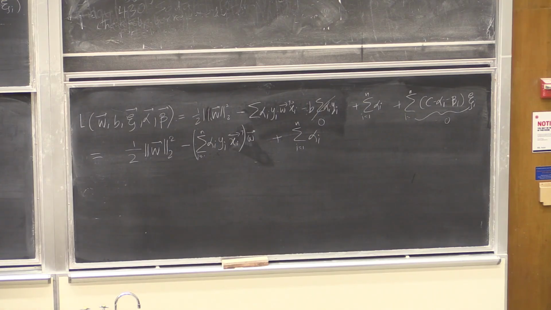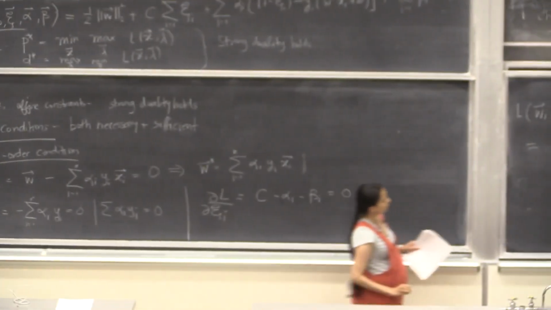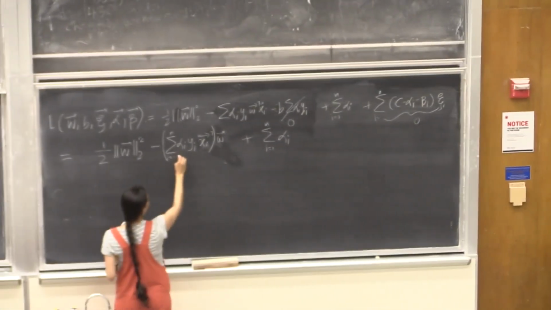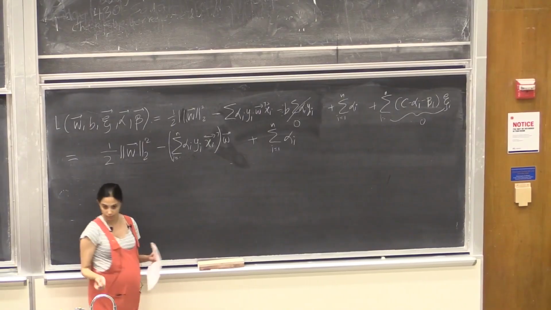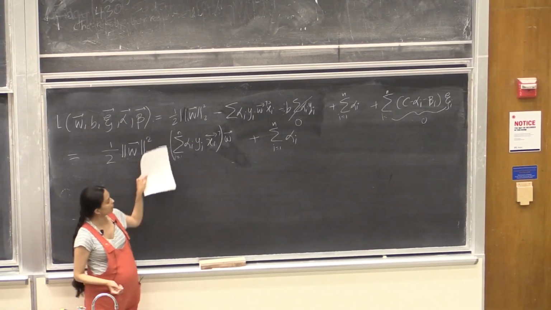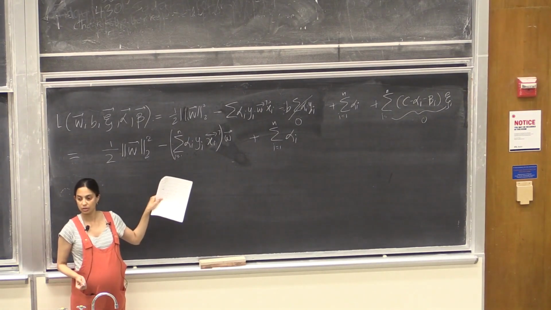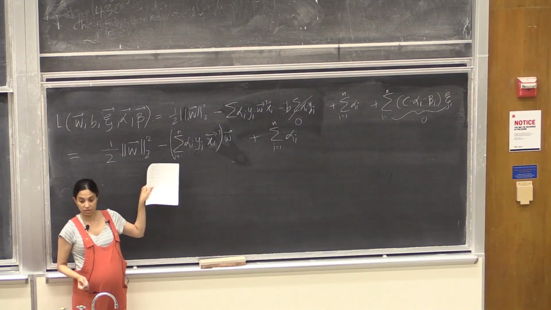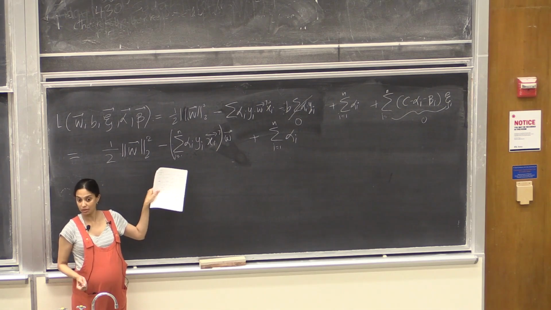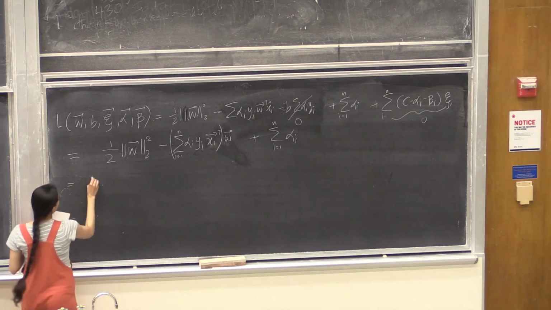And now what do I have? W is equal to the sum of alpha i, yi, xi. What do I have here? Alpha i, yi, xi transpose. So what is this quantity equal to? This thing is just W transpose, right? So this I can write as 1/2.